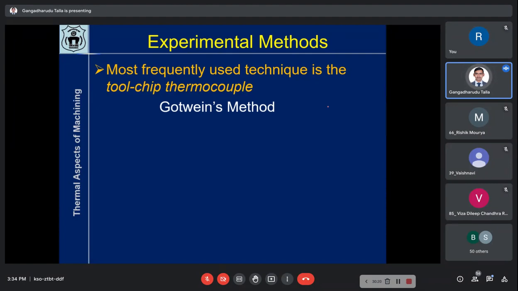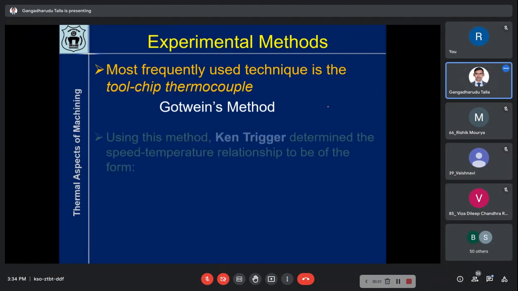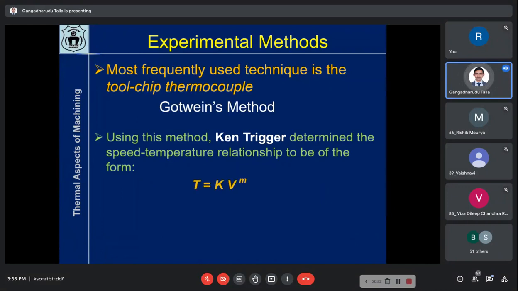This is Gottwein's method, which was developed by Gottwein. Using this method, one can determine the speed-temperature relationship to be of the form. This method was initially developed, and the relation between speed and temperature was established by Trigger. The relation is: temperature is equal to k times the cutting velocity to the power of m.